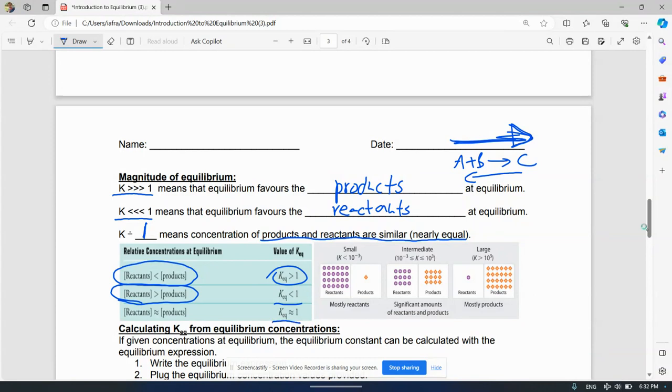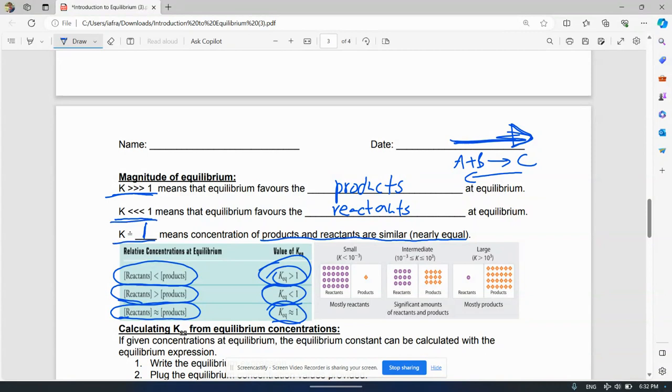And K about equal to 1, you have equal concentration of reactants and products at equilibrium. Okay? But remember, equilibrium does not mean that you have to have equal concentration of both. It simply means that your concentrations have stopped changing, and you could have one of these three scenarios, and you can tell which scenario you have based on where your K value lies once you actually calculate it.